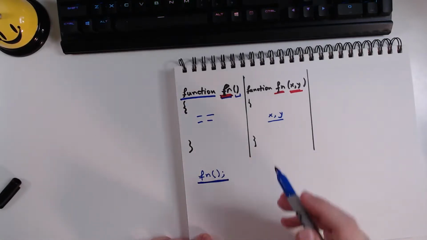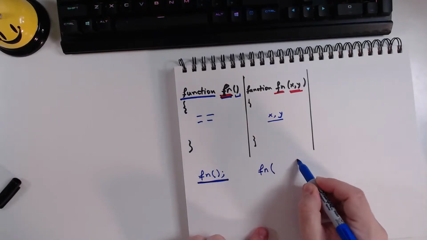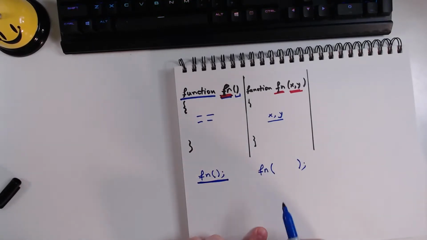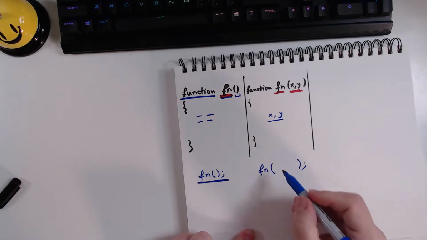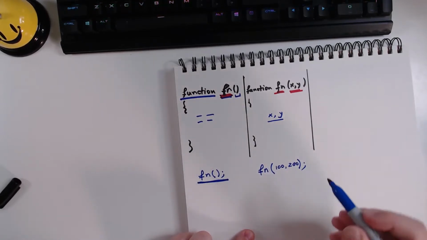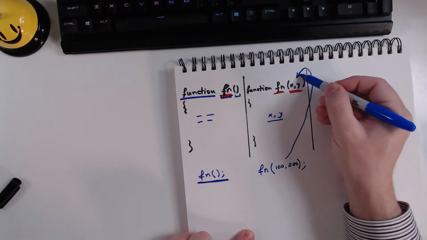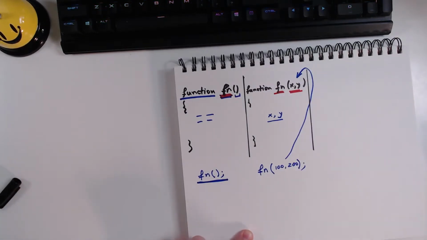All right, so this one, how do you call it? Again, you put its name, you open and close parentheses, and then you actually pass inside these parentheses the values that you want to go in x and y. Perhaps you want to put some numbers here like that. And at execution time, these numbers will go inside x and y here, right?